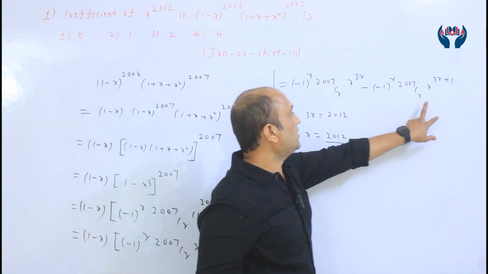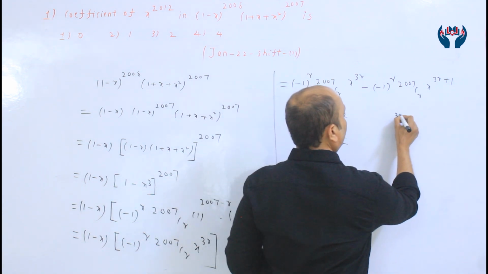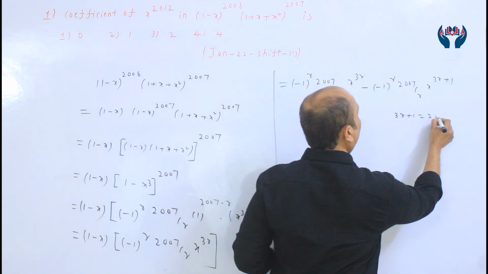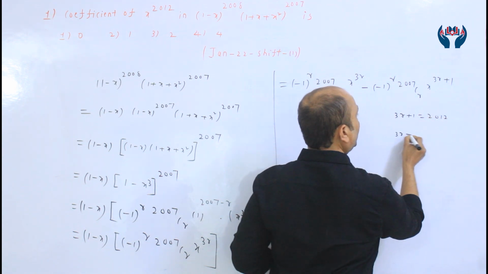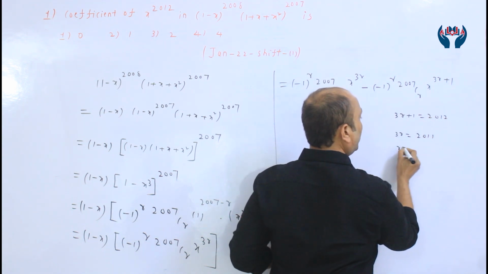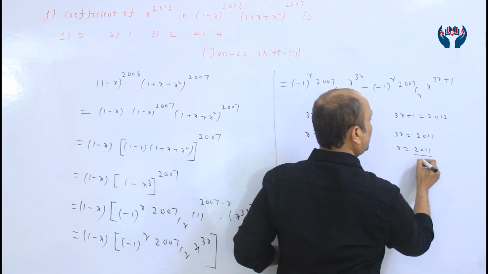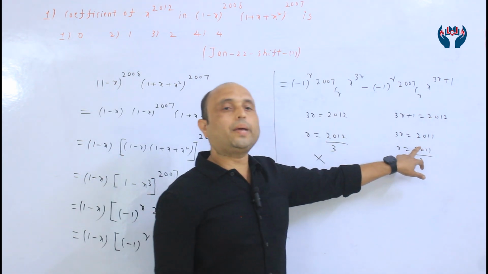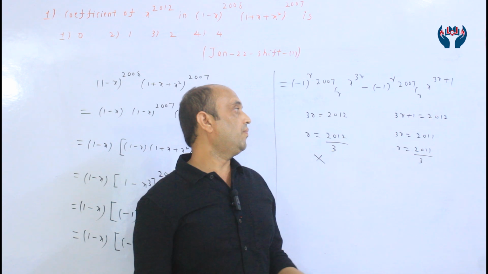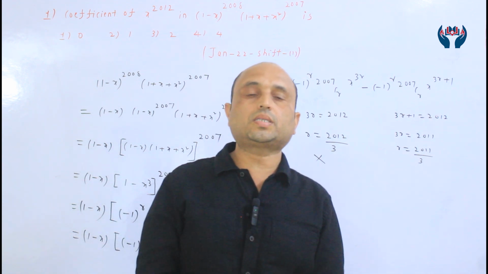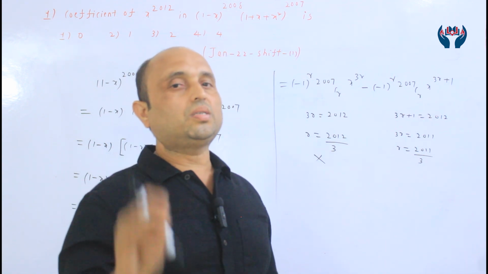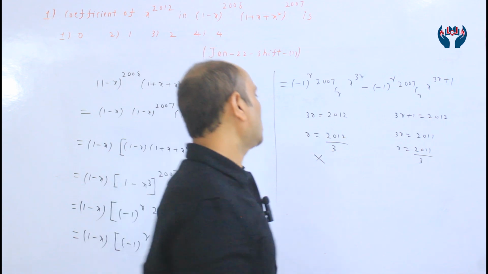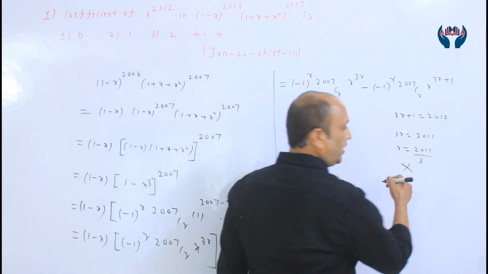In the second case, equate 3r plus 1 equal to 2012, so 3r equals 2011, r equals 2011 by 3. This one is also not a multiple of 3, since 2011 is not divisible by 3. So both cases do not exist.